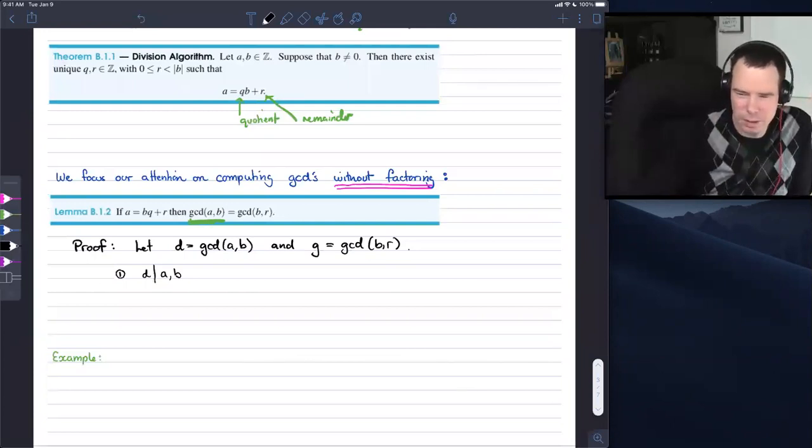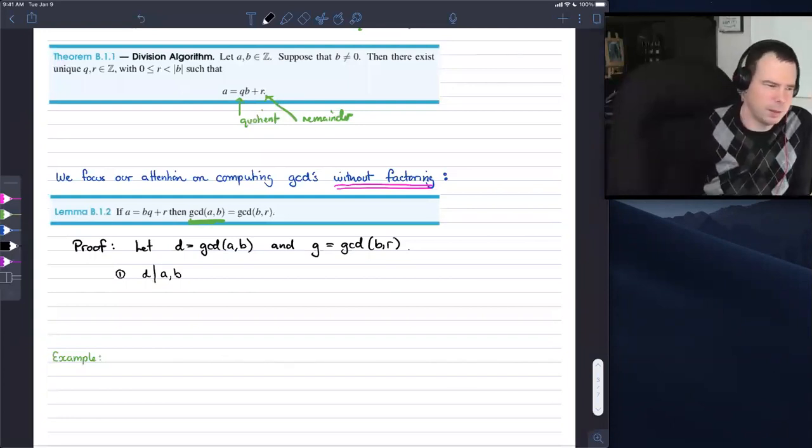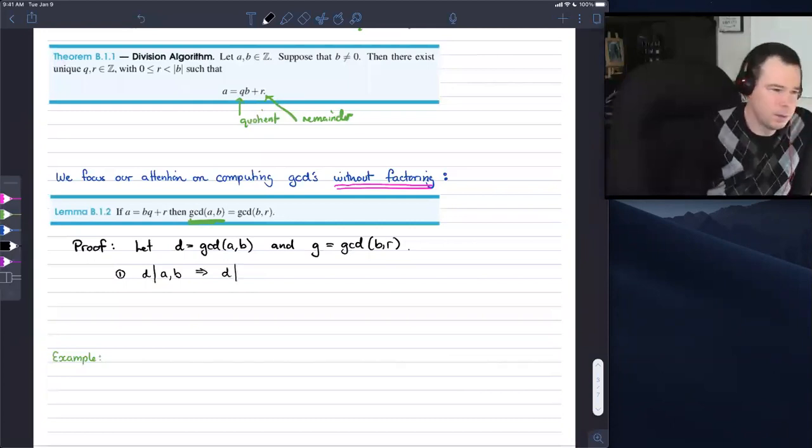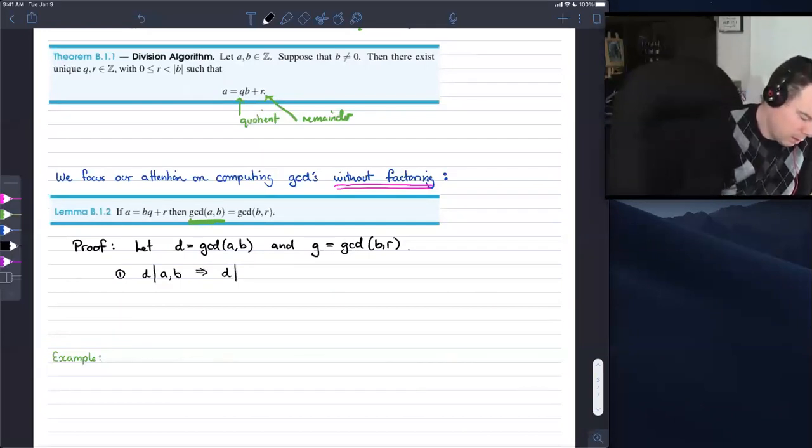So now what can I conclude? Well, if D divides A and it divides B, then I'm going to look at this relationship I have, because this is really the only other thing I have to work with.